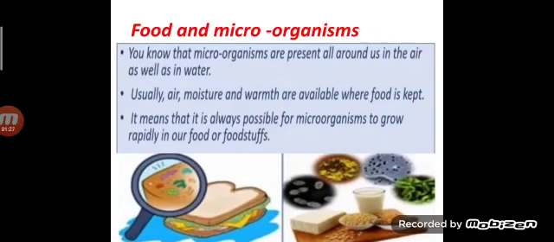So children, what conditions are required for the growth of microorganisms? Yes, air, moisture, warmth. Warmth means what? Yes, a particular temperature.